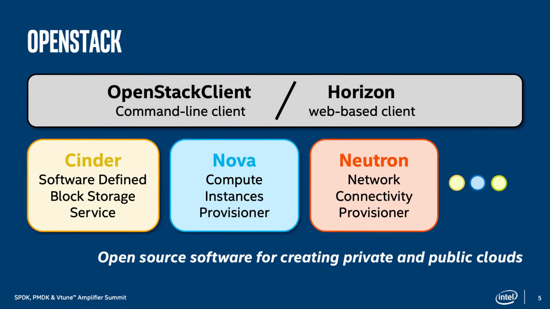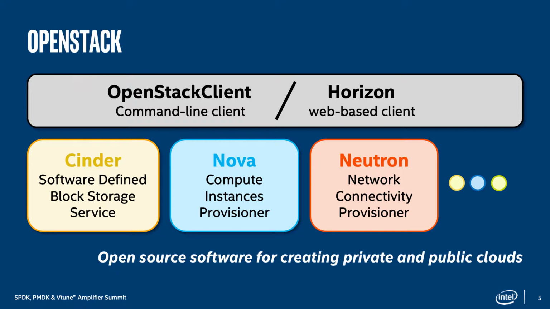Before we go further, let me talk a little bit about OpenStack itself, because maybe not all of you are familiar with what OpenStack is and how it's built. OpenStack is open source software for creating private and public clouds. It is actually a set of specialized services which together provide a framework to build clouds.